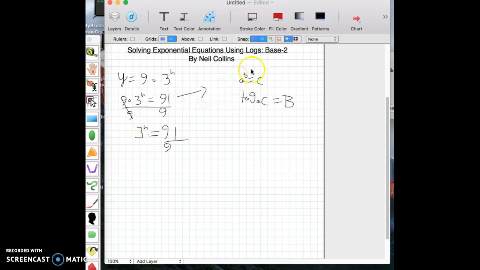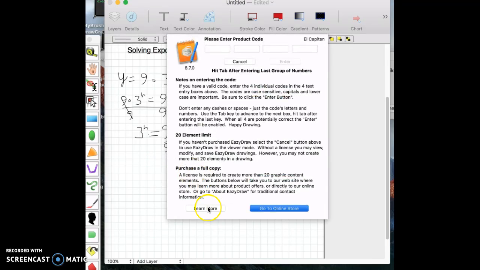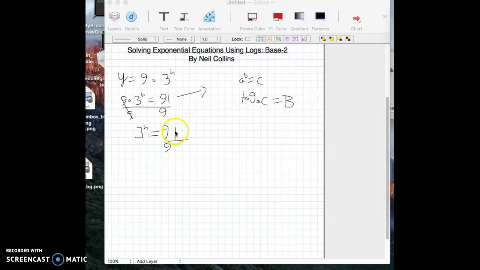So we're going to follow exactly these terms and just rearrange the order with the log in front. So let's start off by converting this to log form.